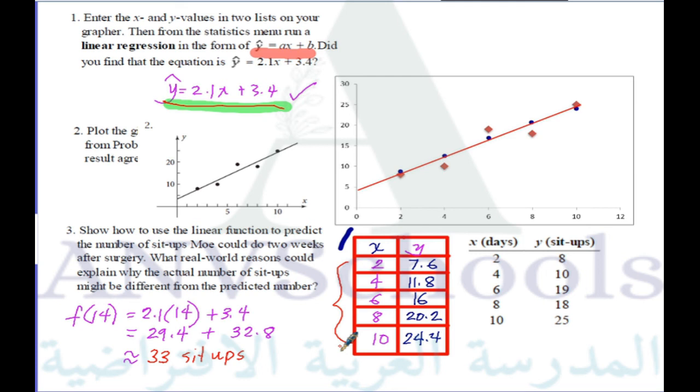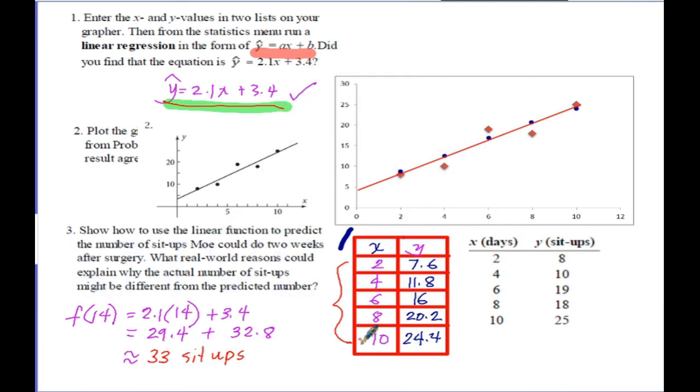So when you extrapolate, or take values of x which are outside the range of the given table, it normally gives an incorrect prediction. That's why, in the real sense of the word, the actual number of sit-ups might be different from the predicted number. So that makes sense, right?